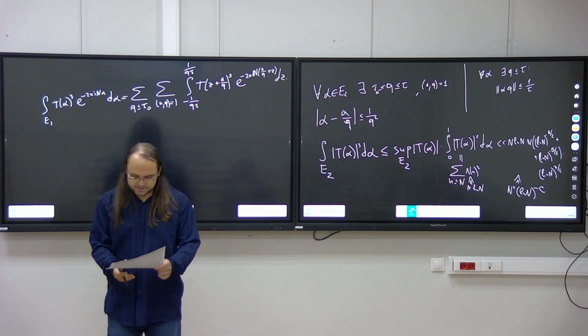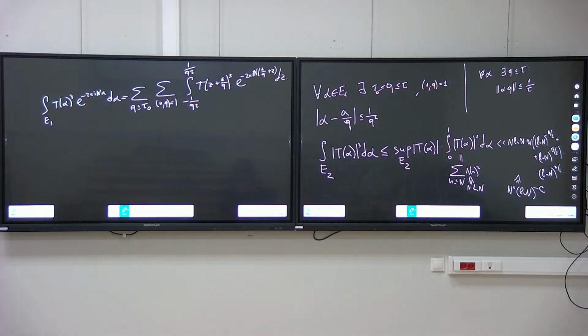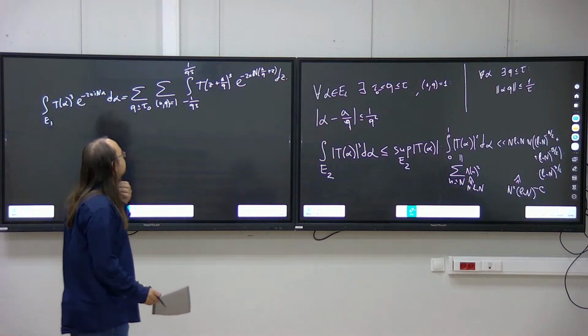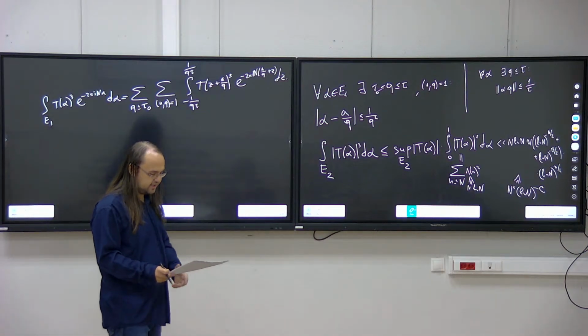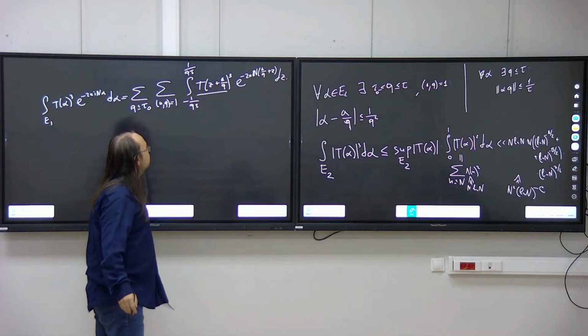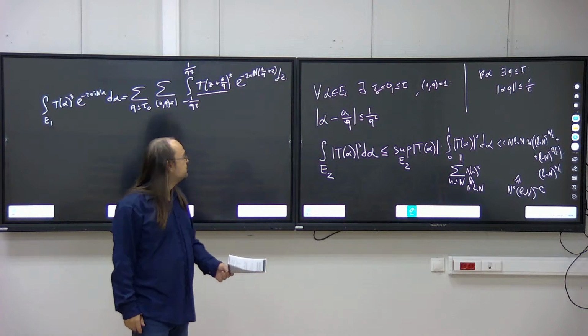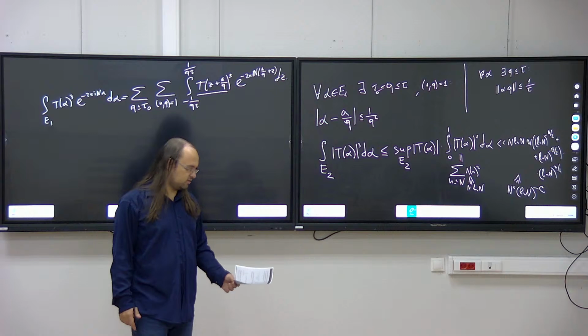So this is just a rewriting of our formula for E1. Now we need to decide how t of z plus a over q behaves when z is small.